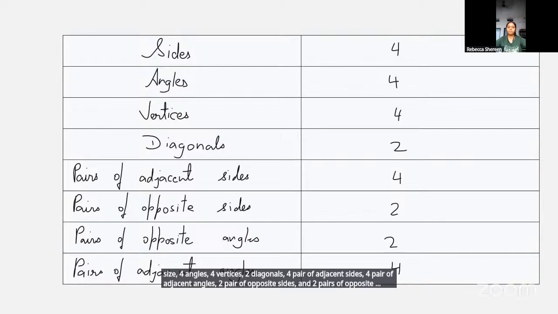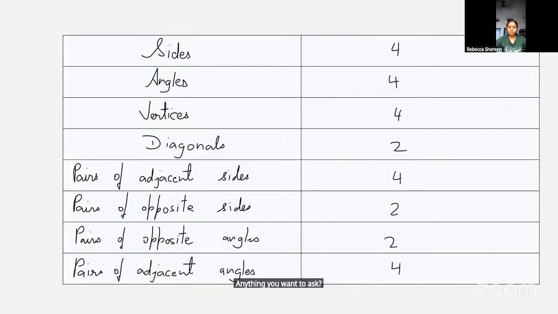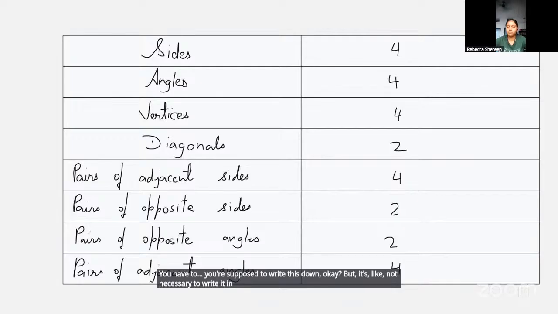Yes, Yeshua. Anything you want to ask? Are we supposed to make this diagram, ma'am? You're supposed to write this down, but it's not necessary to write it in table form. You can just put a dash and write all the things.